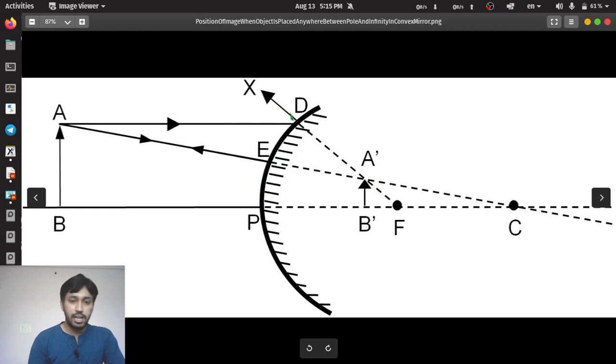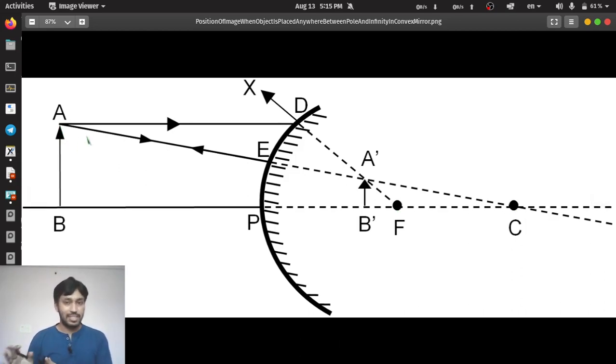Look, this side is the reflecting side. So the object definitely will be at this side. And on this side there is no measurement at all, because F is there and C is there. So anywhere the object is located, the image formed will be of the same type.